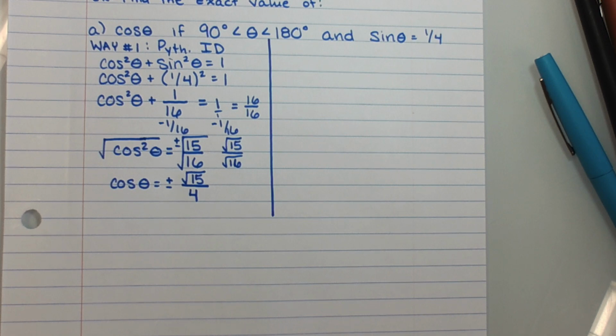Cosine doesn't have 2 values. It only has 1. That plus or minus needs to be taken care of. Do you notice earlier that it told you where on the unit circle the angle needed to reside? Between 90 and 180. You got a unit circle, right? Grab it if you don't have it out, unless you've got the entire thing memorized.